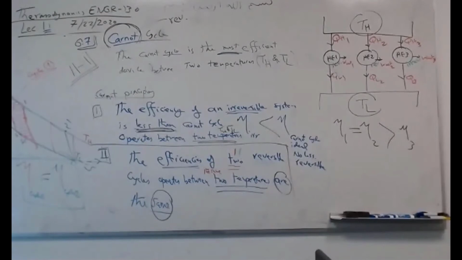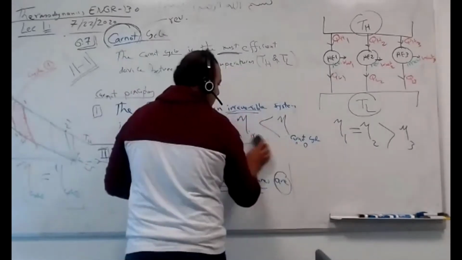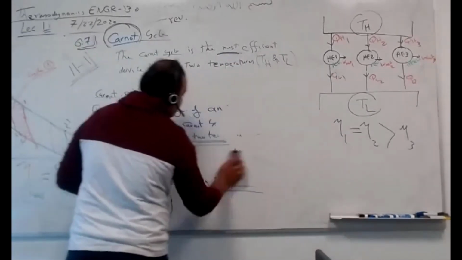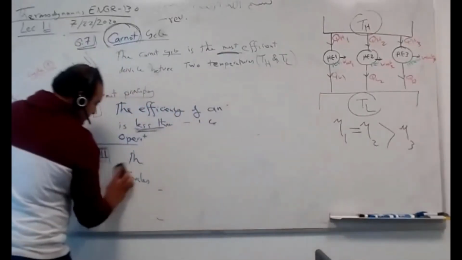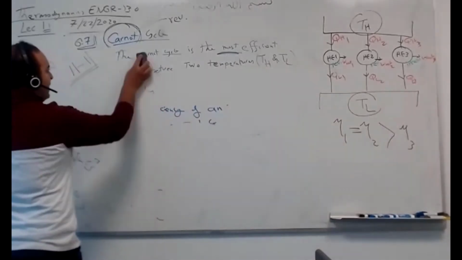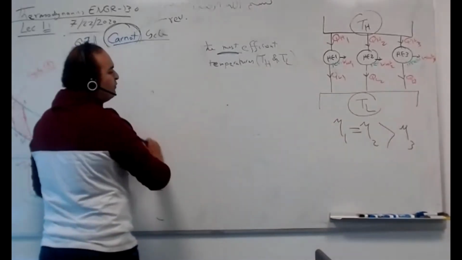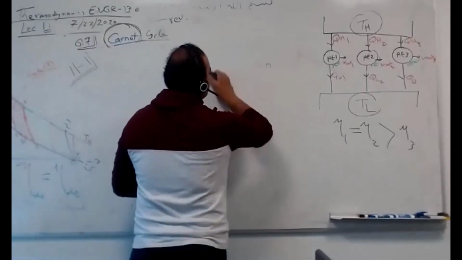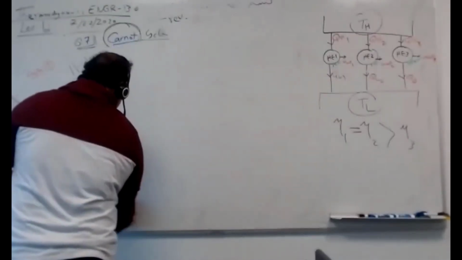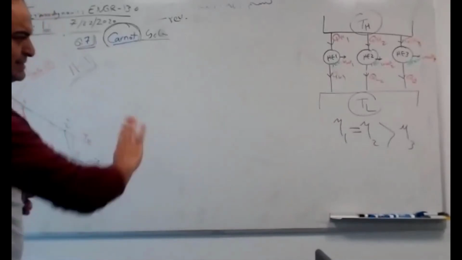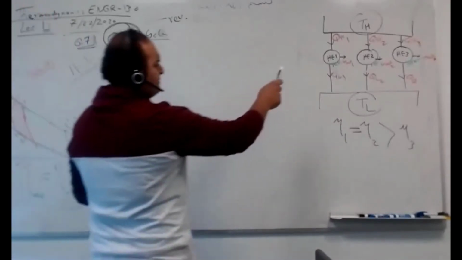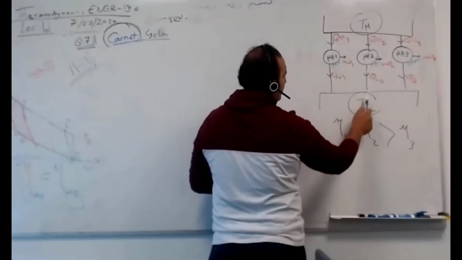Yeah. So let's move ahead a little bit forward until we get to Lord Kelvin's suggestion, which is a very good input for this problem. As you can see here, I'm going to remove those, but these principles are important for our cycles. We're going to see how they are important later, but for now, remember that the efficiency of irreversible is always lower, but the efficiencies of reversibles are the same as long as T high is the same and T low is the same.